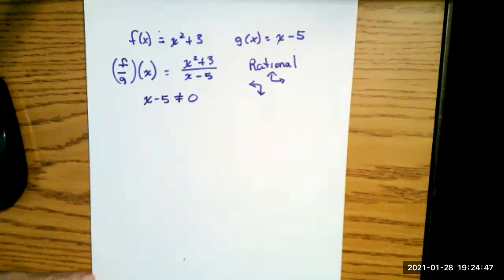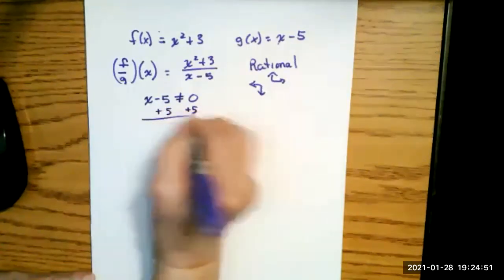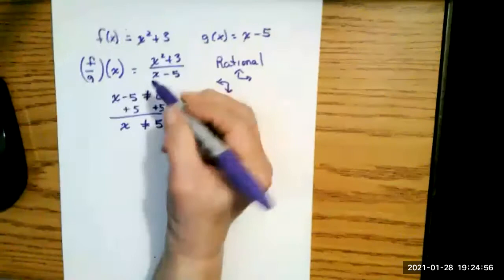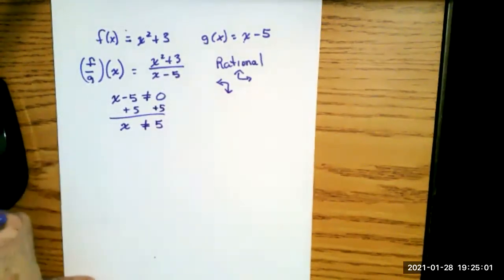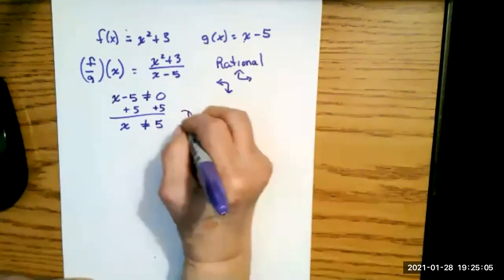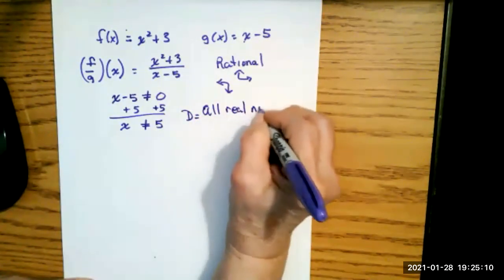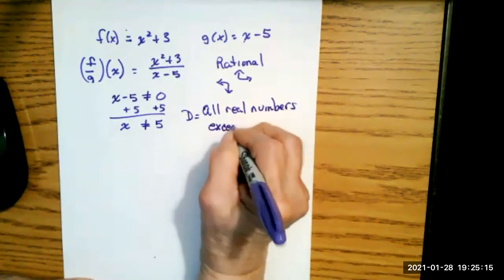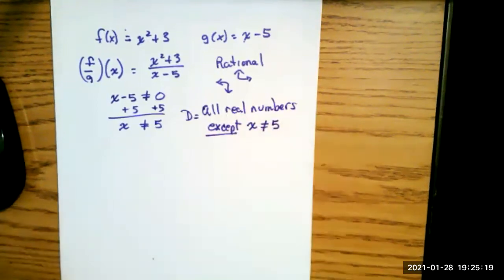We don't want it to equal 0. So add your 5 to both sides and see what you don't want X to be. You don't want X to be 5. Now look at it. If I put 5 back there, what is 5 minus 5? 0. So it makes sense. So this domain is all real numbers, except this one has an exception because it's rational. X does not equal 5.